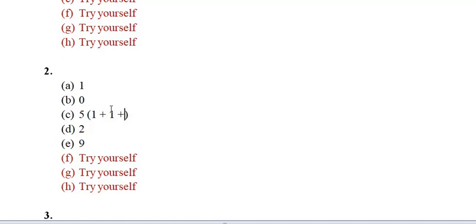So how much will the total be? 3 plus 1 is 4, 4 plus 1 is 5. So this is how you can say that the degree of the monomial is 5. The power of x is 1, power of y is 1, and the power of z is 3. So 1 plus 1 plus 3 will be 5, because all these variables are different.